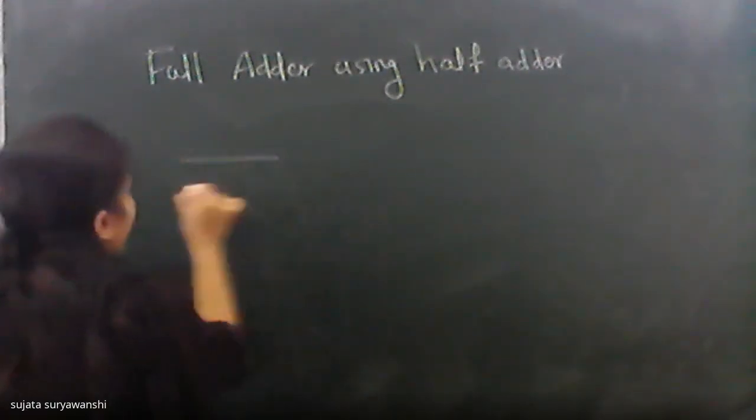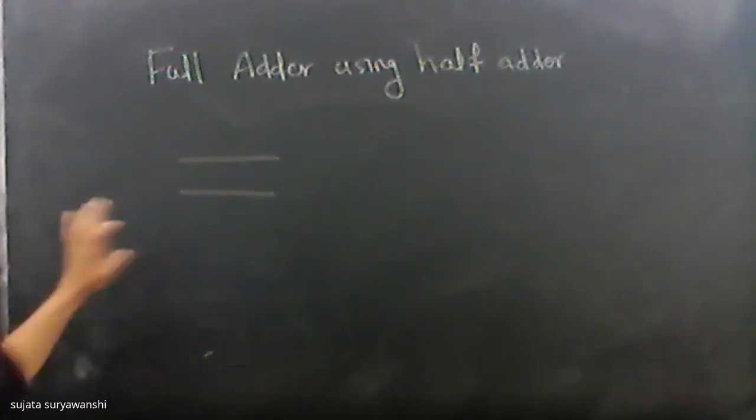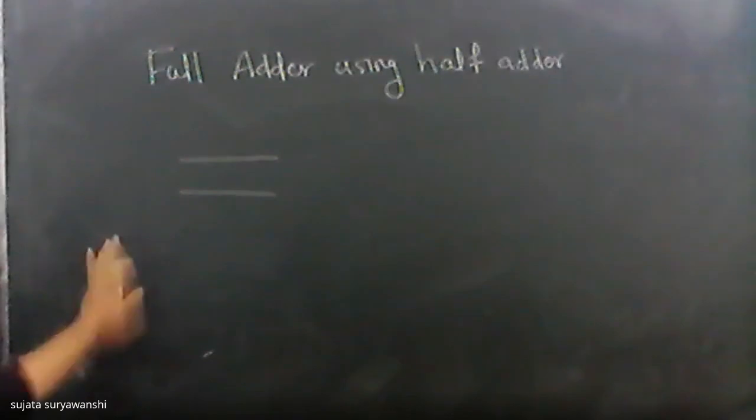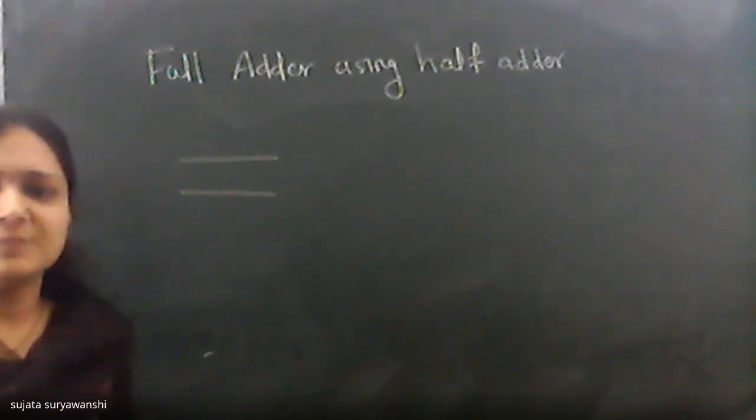Suppose A and B. What is the equation for sum in half adder? Tell me the equation for sum in half adder. A XOR B. I am asking about the equation for sum, which is A XOR B. Okay.